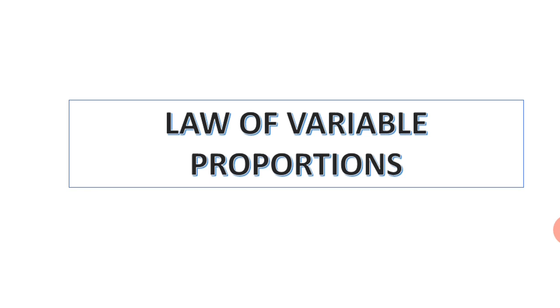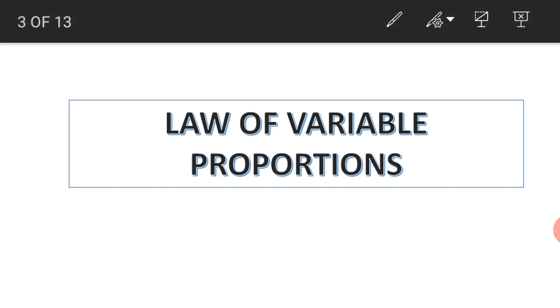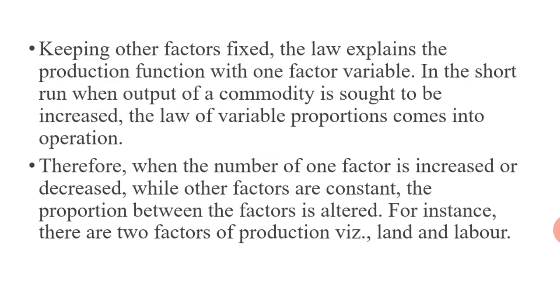Last class we went through the meaning of the law of variable proportion. It explains that by taking one variable factor, that is labor, you can produce the total product, average product and marginal product with the production table, and the relationship between them.